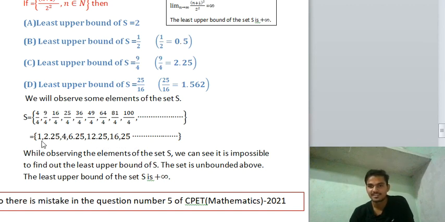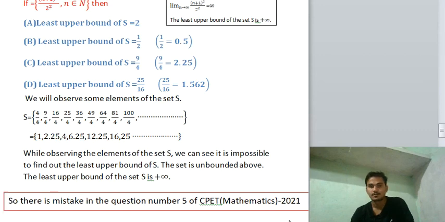It is moving in increasing order, and by observing the elements, it is impossible to find the least upper bound of S, because the sequence is moving towards plus infinity.